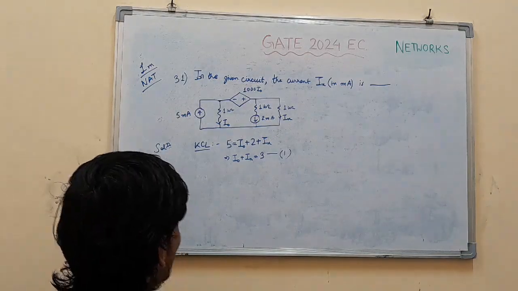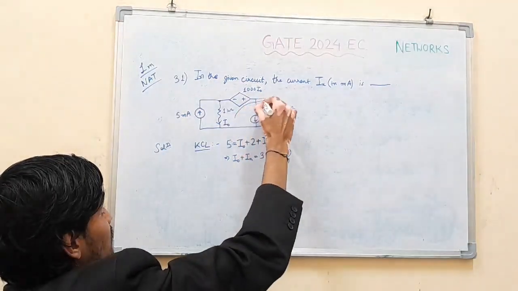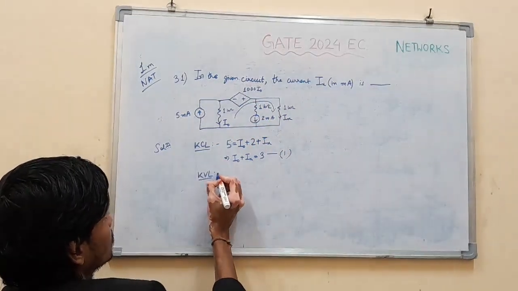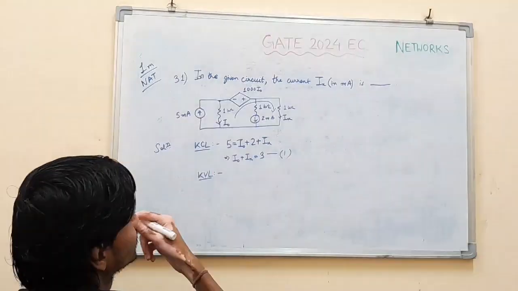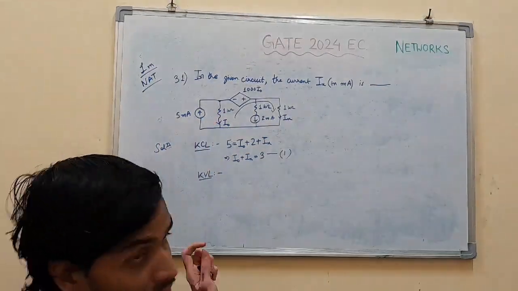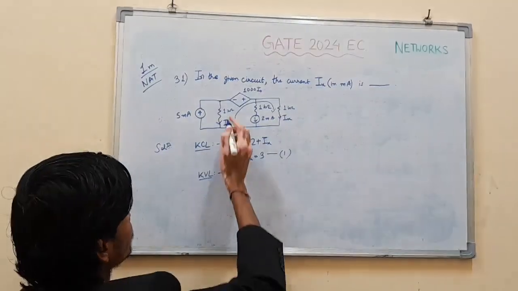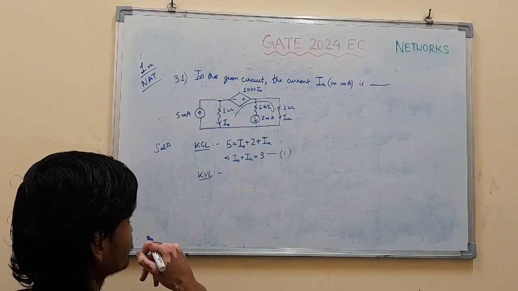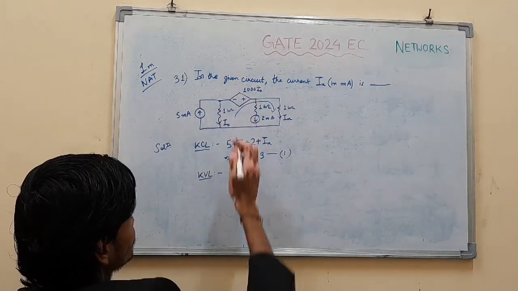Now let's apply KVL in this loop, as shown. What do you get? I0 is in milliampere, all currents in milliampere, so milli into kilo gives nothing, it cancels out. This current is flowing in this direction, so this is a rise.